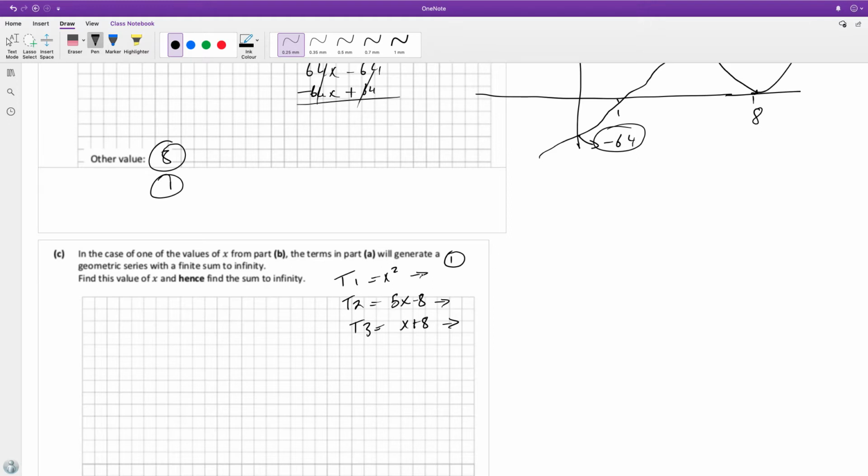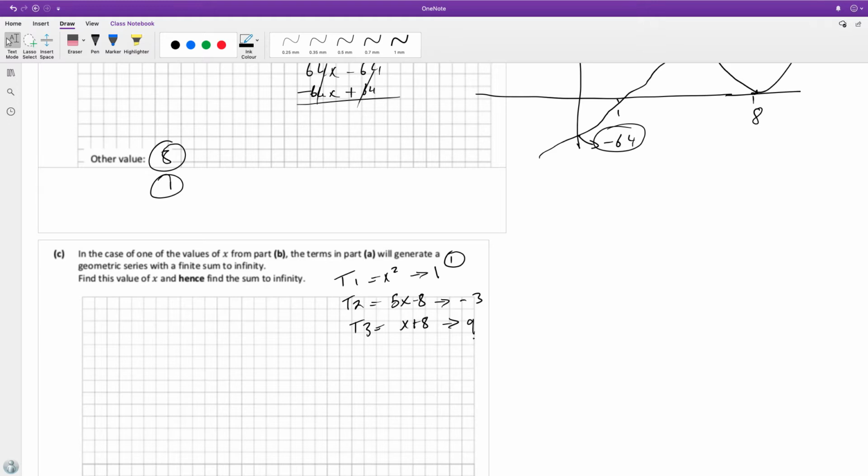What do we get? We got 1. 5x minus 8 gives me minus 3, and x plus 8 gives me 9. Will that create a geometric series?